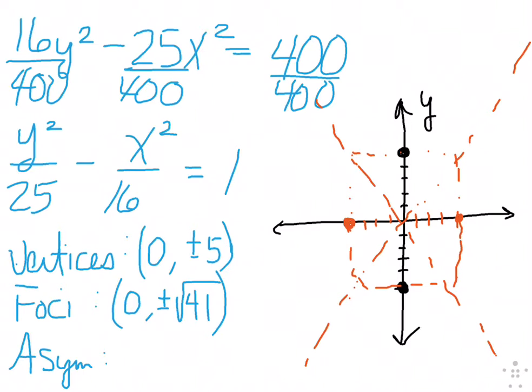Up 5 over 4. So plus or minus 5/4 x. So in this particular case, it wouldn't be b over a, it would have been a over b, because we will have the x or the y first.